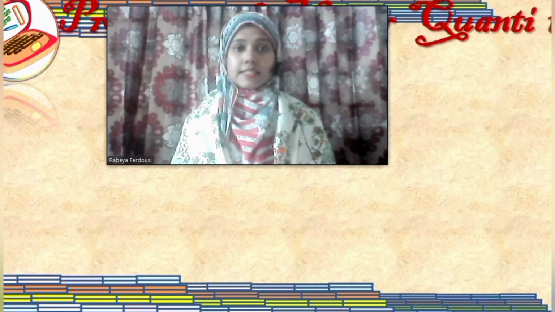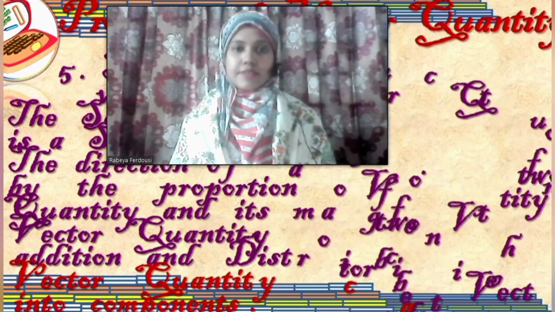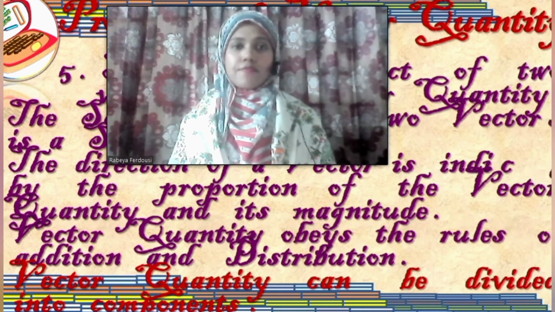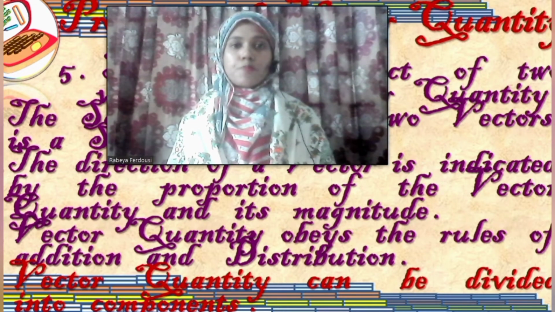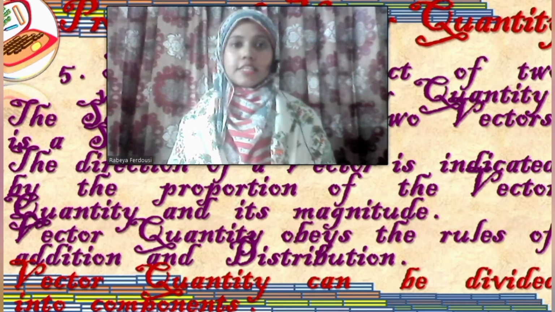That indicates the dot multiplication of two vector quantities gives a scalar quantity as a result. Number 7. The direction of a vector is indicated by the proportion of the vector quantity and its magnitude.